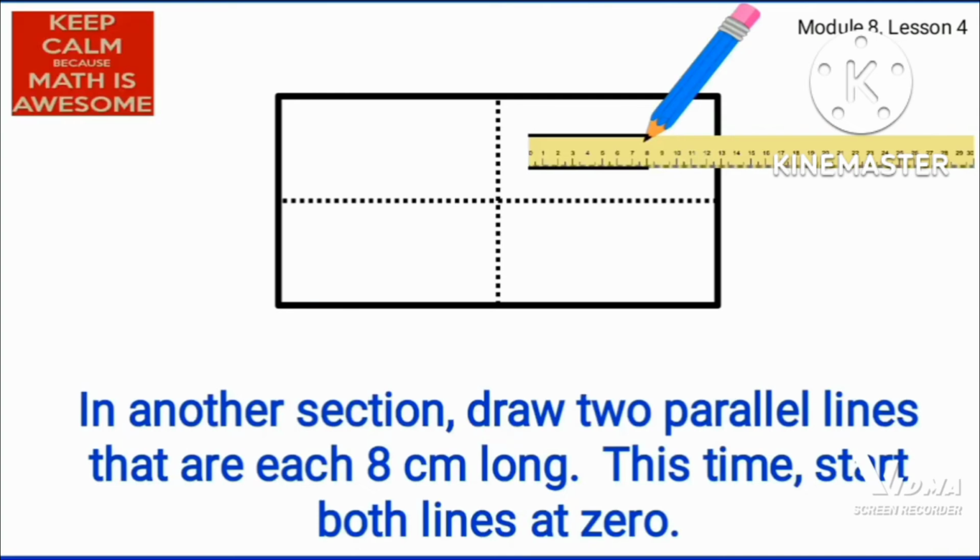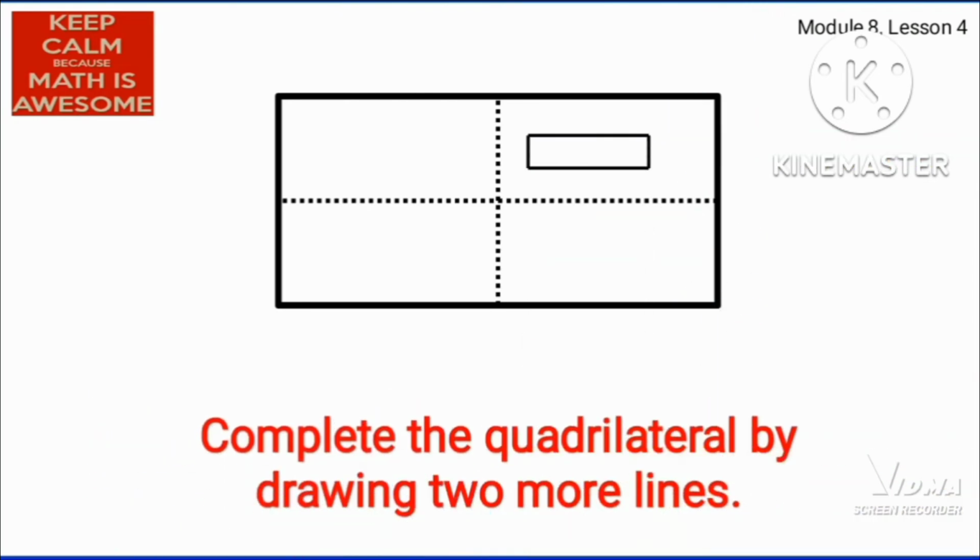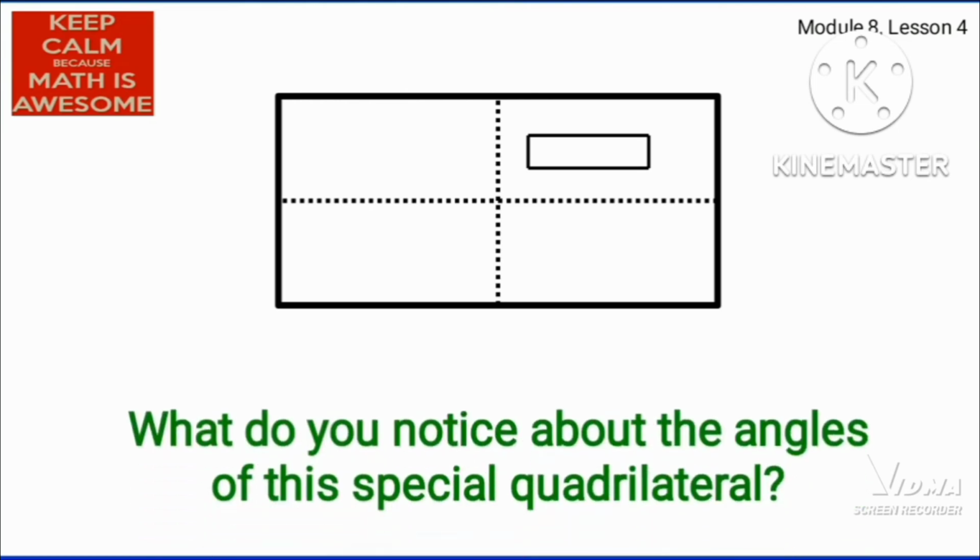All right. Let us draw another one. Let's draw two parallel lines horizontally. They should be 8 centimeters long. Both should start from 0 and then join them. We now have a quadrilateral.